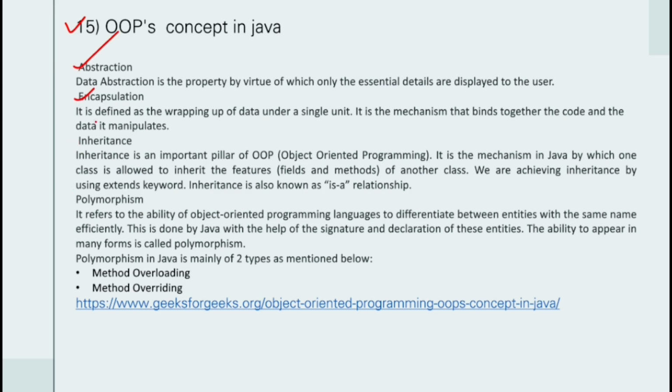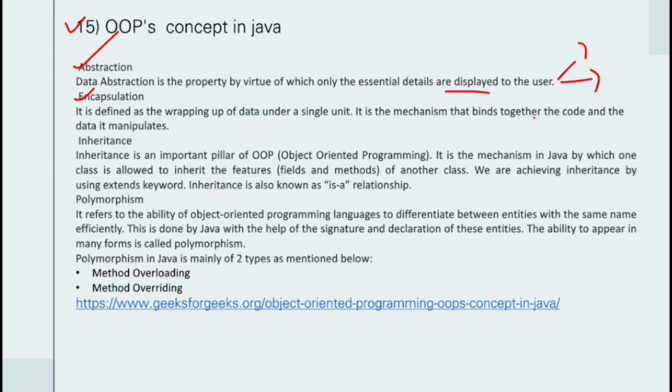Okay, so basically data abstraction is a property by virtue of which only the essential details are displayed to the user. We have abstract classes and also we have interfaces. For this we have two things to achieve abstraction. What is encapsulation? It is defined as the wrapping up of data under a single unit.